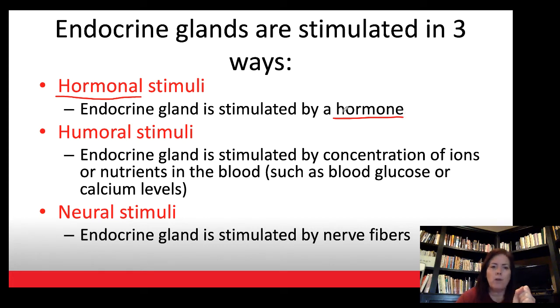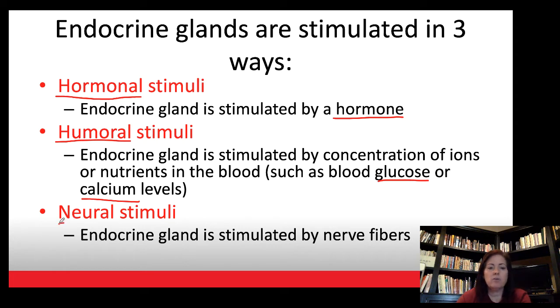The second way is humoral stimuli. And so this is what happens when we have endocrine glands that respond to concentration of ions or nutrients in the blood. And I gave you the example of maybe blood glucose levels or calcium levels in the bloodstream that will stimulate an endocrine gland to release its hormone.